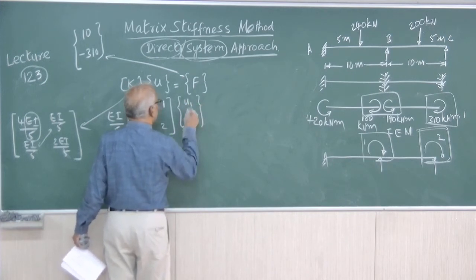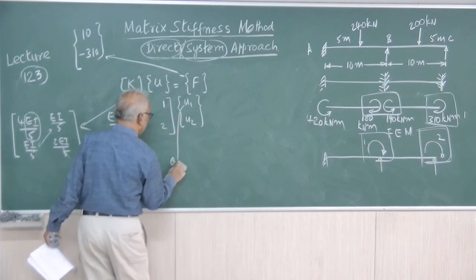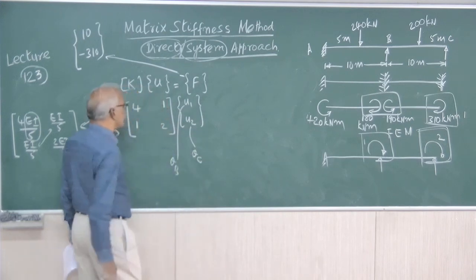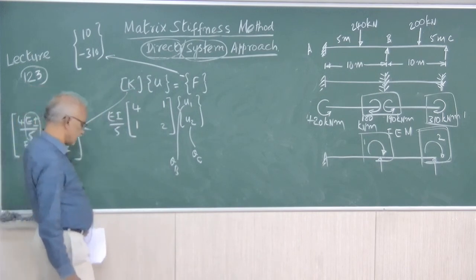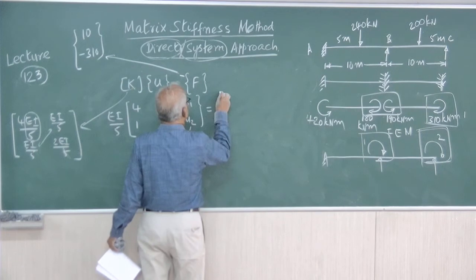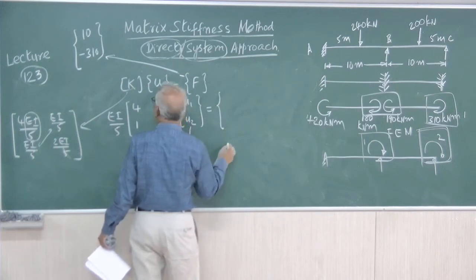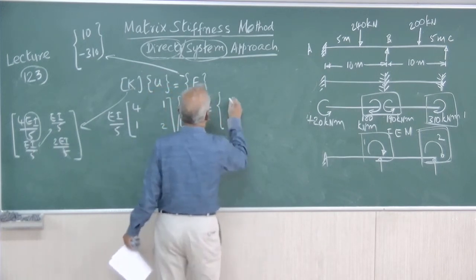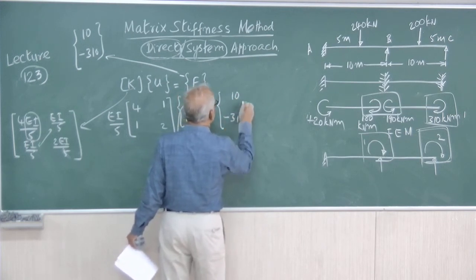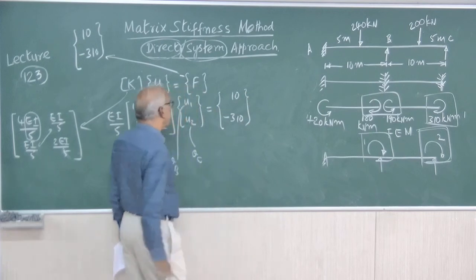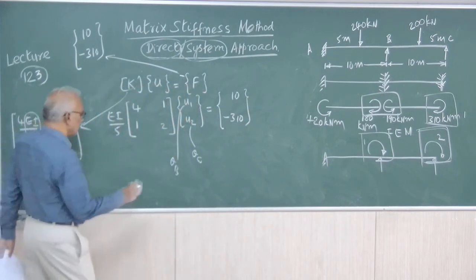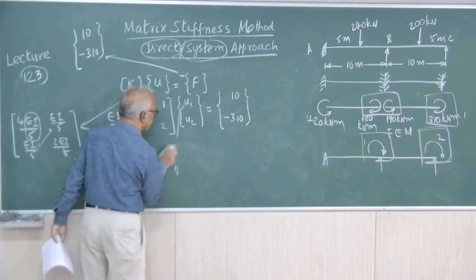U1 is our theta B, U2 is our theta C. This is what we have to calculate, equal to 10 and minus 300. We have simplified this value already, therefore we need not repeat. Already we have calculated these values at the beginning and simplified, theta B and theta C, right.